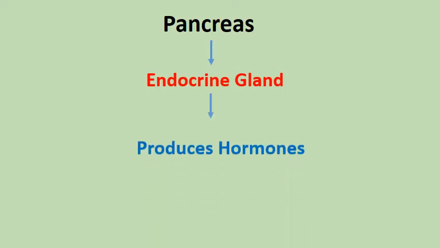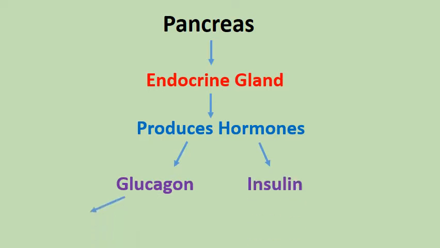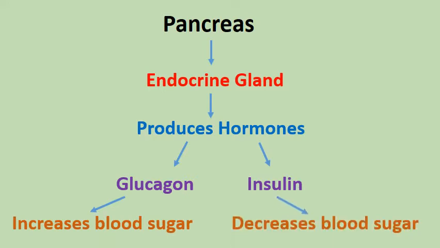The pancreas as an endocrine gland produces hormones. We have two hormones, the glucagon and the insulin. What does the glucagon do? It increases blood sugar. What does the insulin do? It decreases blood sugar.